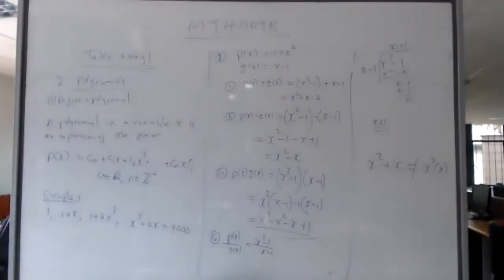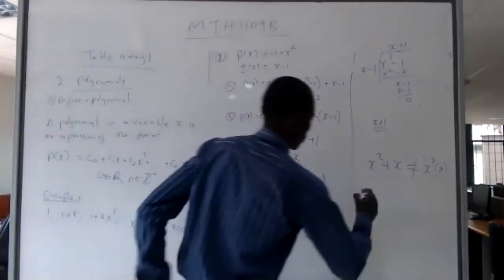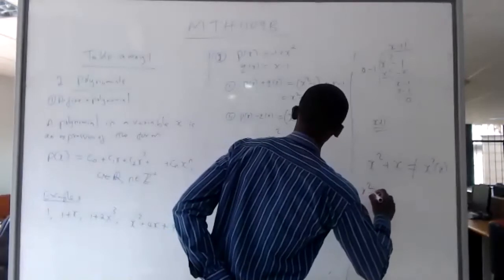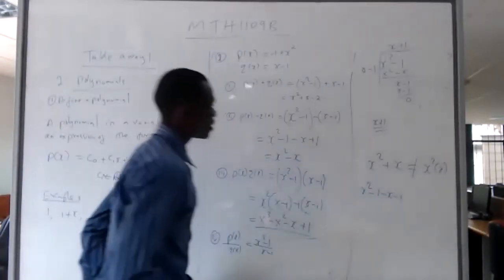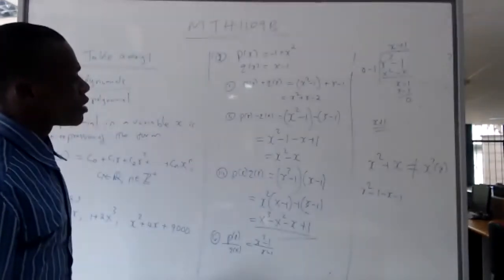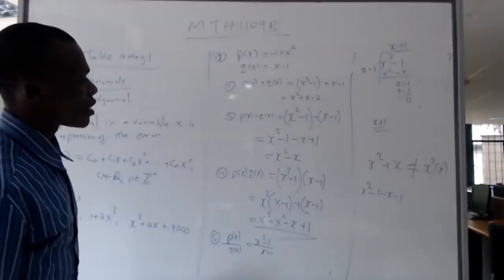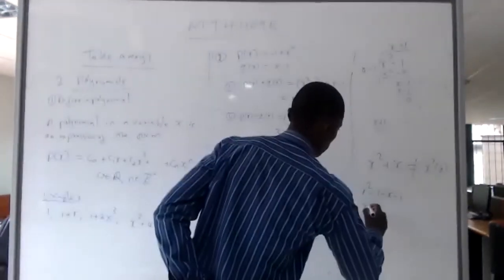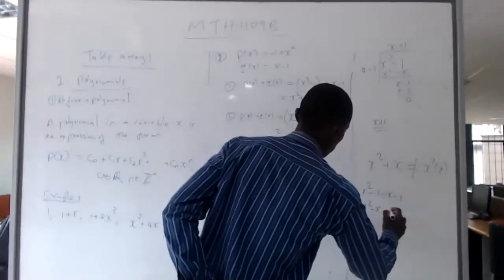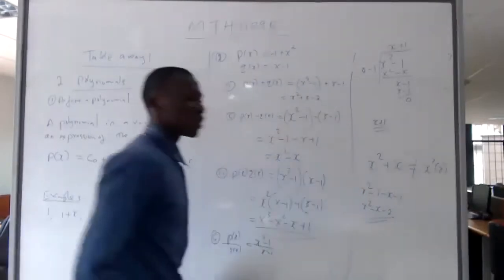So can't you do x squared minus 1 minus x minus 1? No, this is not right, because this will give you x squared minus x minus 2, which is not the right thing.